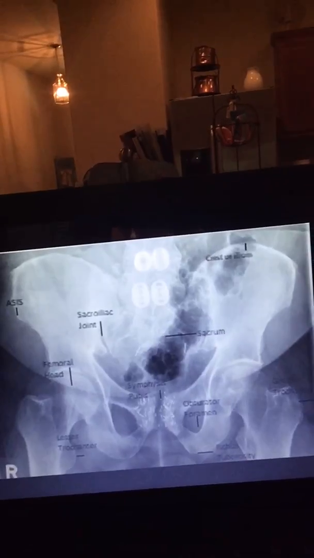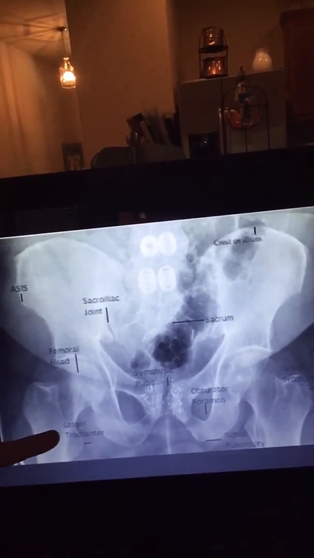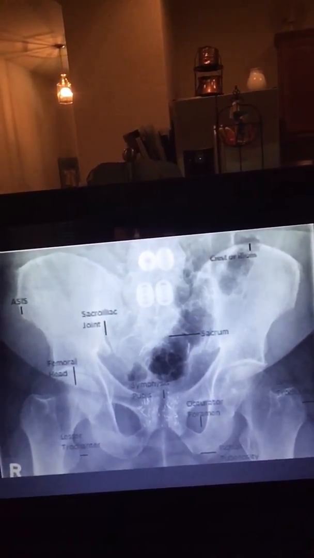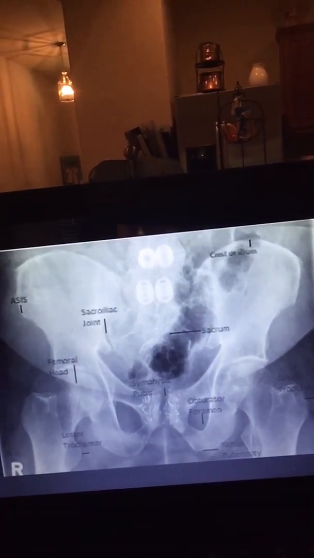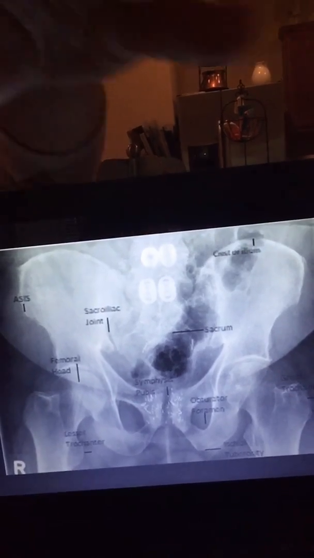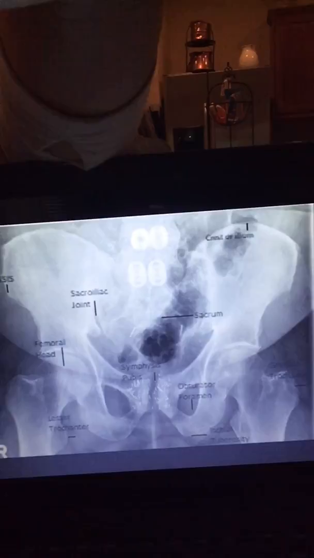So a few of the corrections that I'm going to point out here, first of all, is you can see the lesser trochanters here. They are seen very well, which tells me right away that the patient did not have his legs and feet rotated inward 15 to 20 degrees. That is definitely something that should have been corrected.